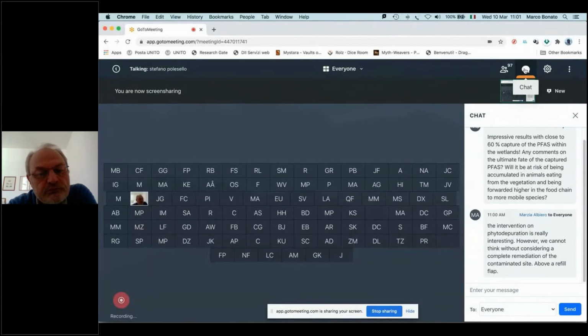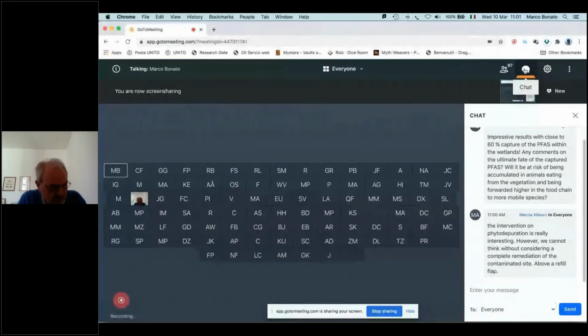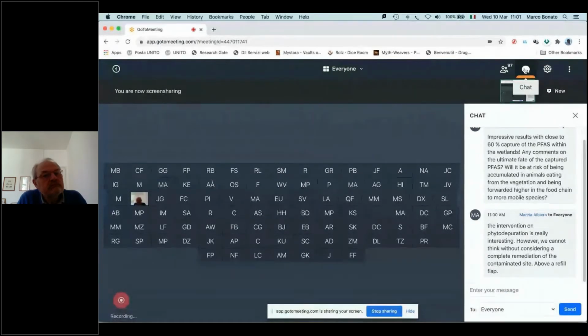Okay, we have not tested other different macrophytes because we have used the common reed because this is the most ubiquitous plant that is possible to find in the Veneto region and also in all of Italy for phytoremediation, and related to some data that we have gathered from gray literature, like theses and so on.